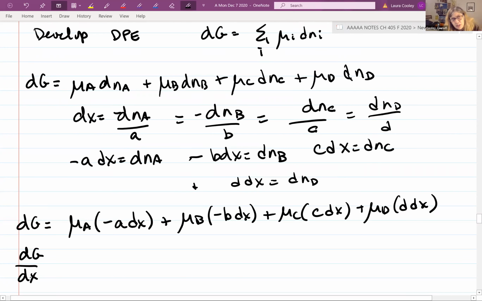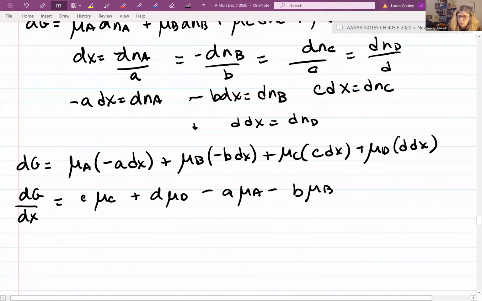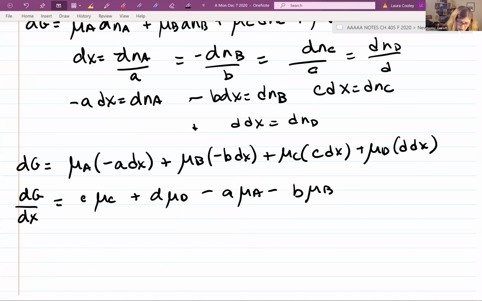The change in the Gibbs function with respect to x is C mu C and so on. So nothing is different yet. It's only when we come to substitute for these that we have different formulas depending on whether they're solids or liquids or whatever.